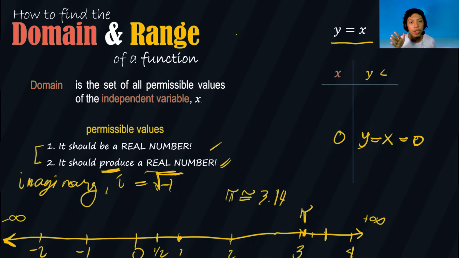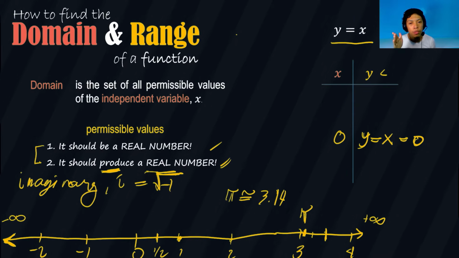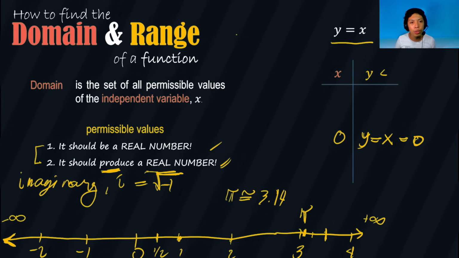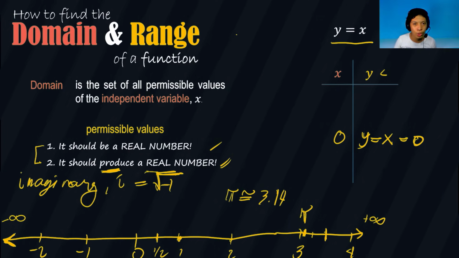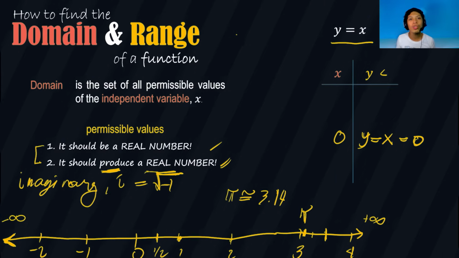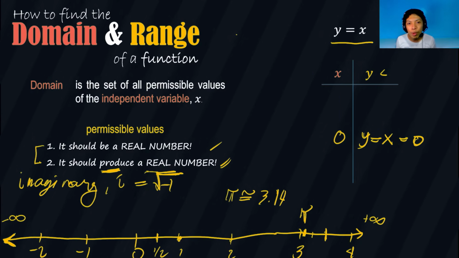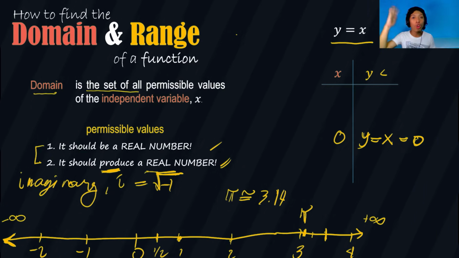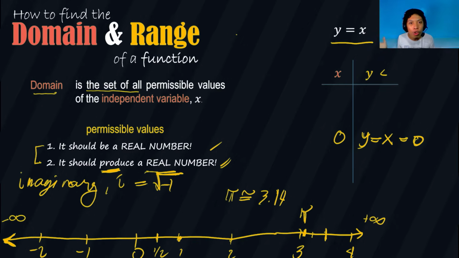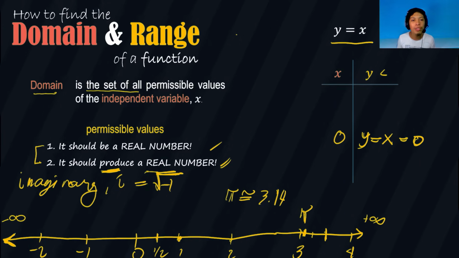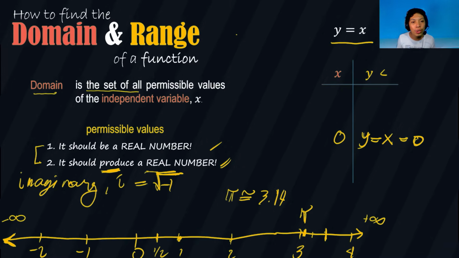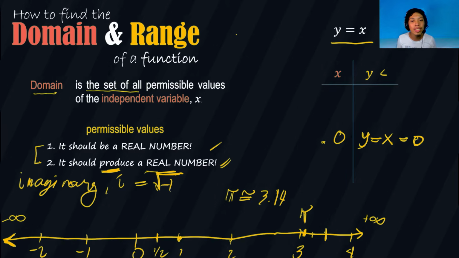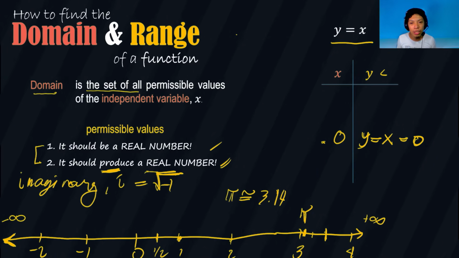So we have here 0. So 0 is a permissible value of x. Now, you have to ask yourself, is 0 the domain of the function? No, because from the definition, domain is the set of all, meaning the collection of all permissible values of x. Your 0 here is just an element of the domain.